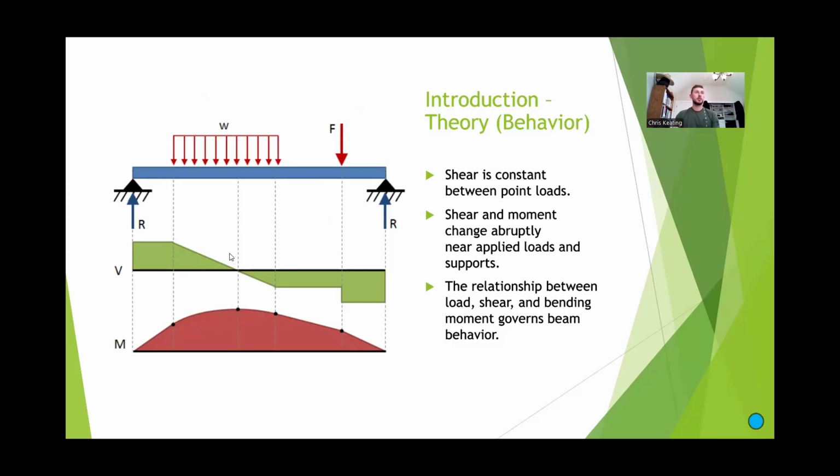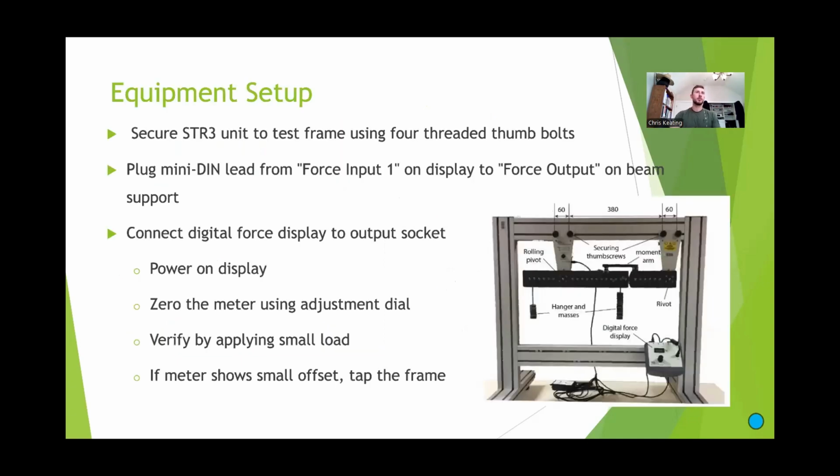As you can see, the shear and moments change, and they're higher in magnitude right around where the structural components are supported, and also right around where the forces lie. They're closely related, shear and moment. We'll get into moment in the next lab.